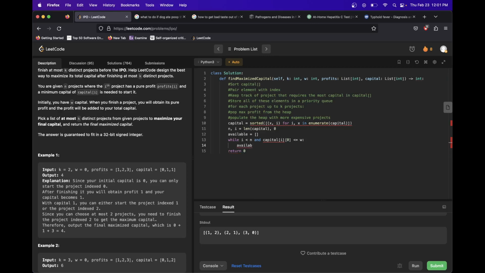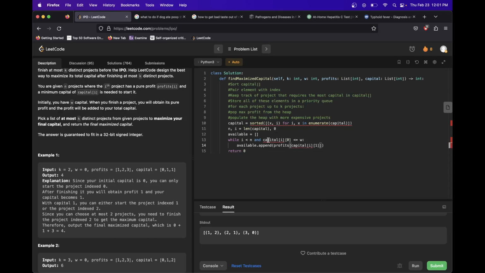available.append, and then we want to have the profit because we're going to be popping the maximum profit and adding that, and we actually don't even need anything else in this heap. So we can say available.append profits at capital at i at 1.